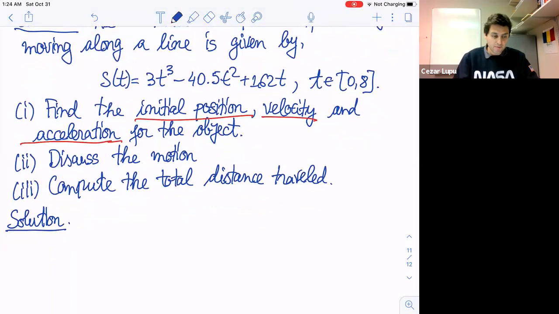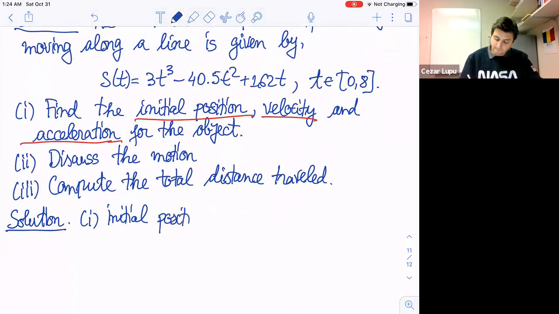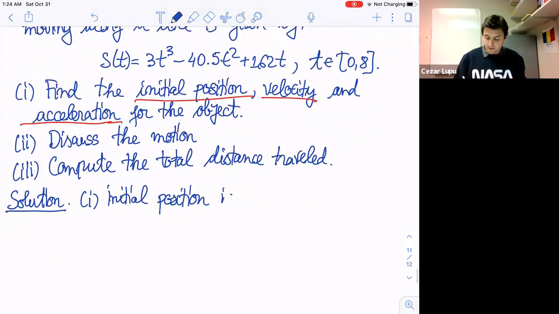So we have this function. The initial position is at t equals 0. So the object starts at the origin, that's what you need to know.